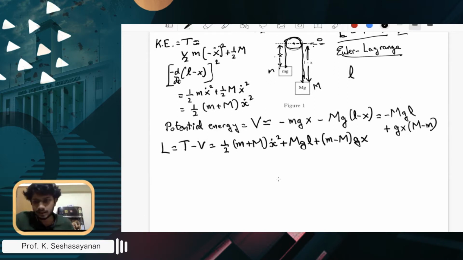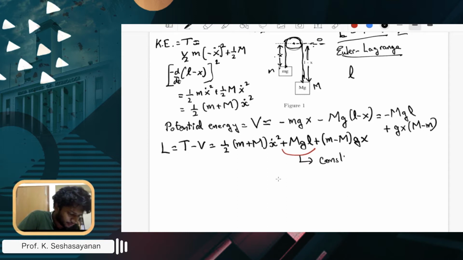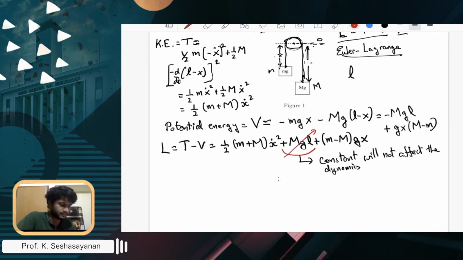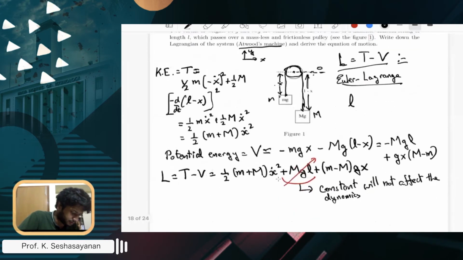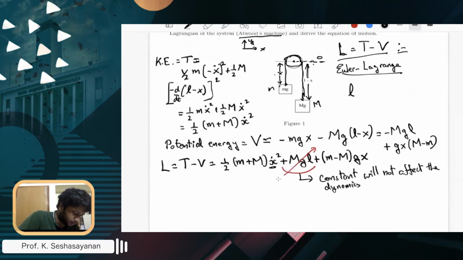Before that, we can look at this Lagrangian and simplify slightly by saying that you have a term which is a constant. Usually a constant term in a Lagrangian will not affect the dynamics of the system. So for all purposes, we can remove this term. Here we have only one degree of freedom, one generalized coordinate.